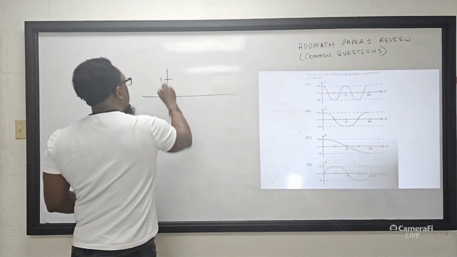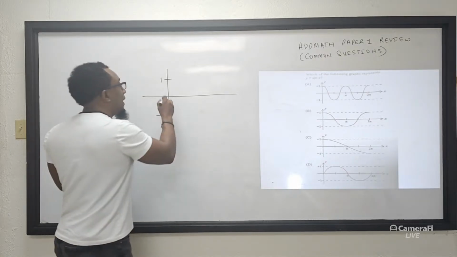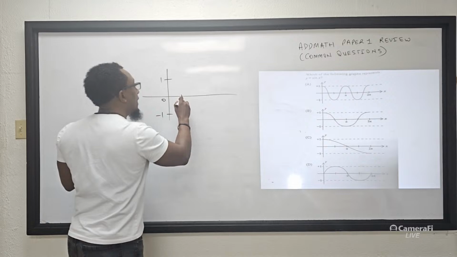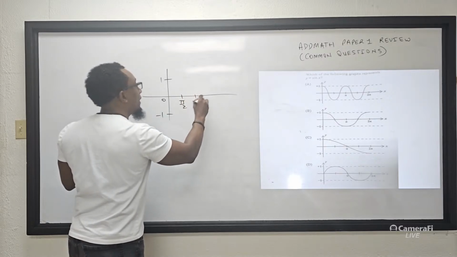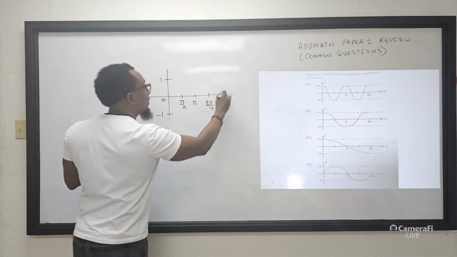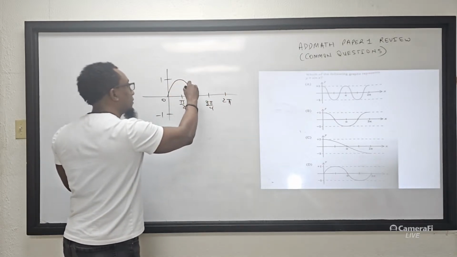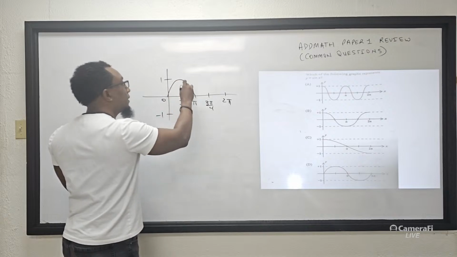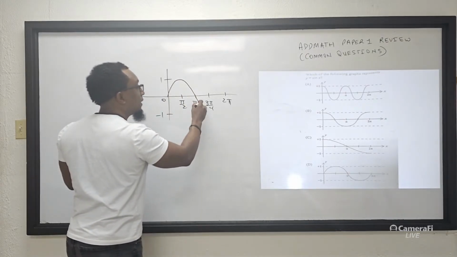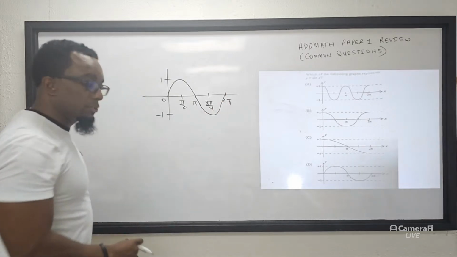So it's defined between 1 and -1, and over the period this is 0, 90, 180, 270, 360. So you're looking at this: start at 0, turns at 90, cuts at 180, turns at 270, and ends at 360.